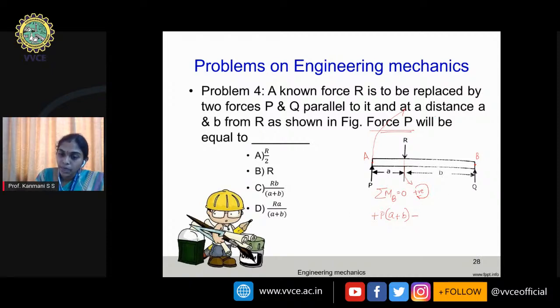So I will write minus force R into the distance from point B to R, which is B. No other forces. This is equal to 0. I want P, so I'll keep P on this side and this goes to that side. RB divided by A plus B is the right answer.